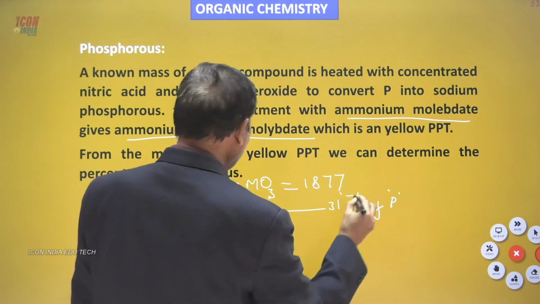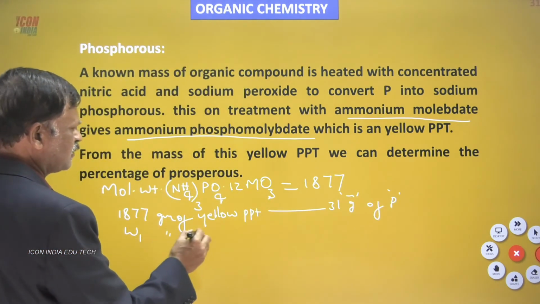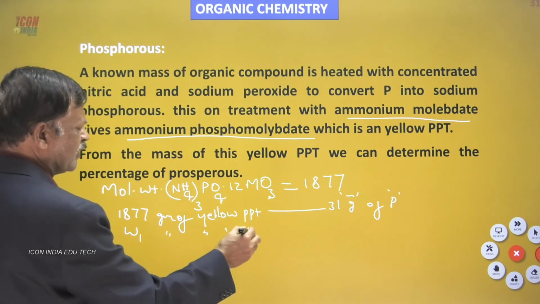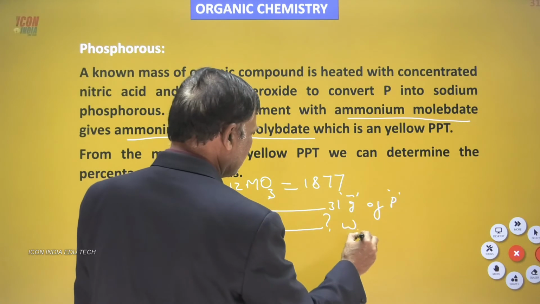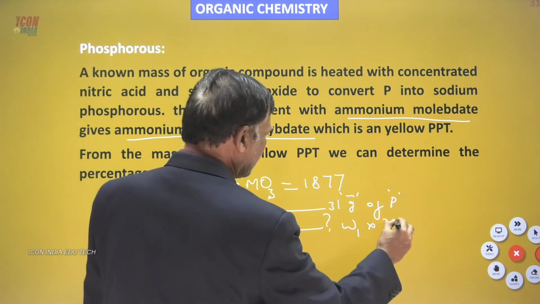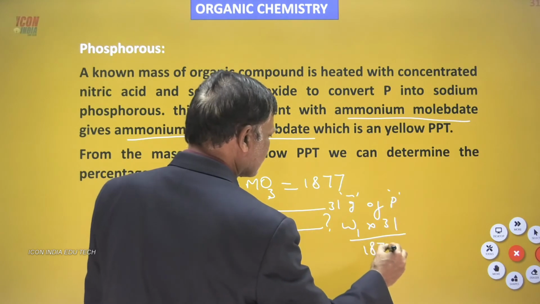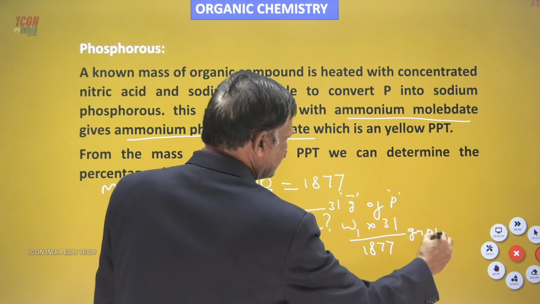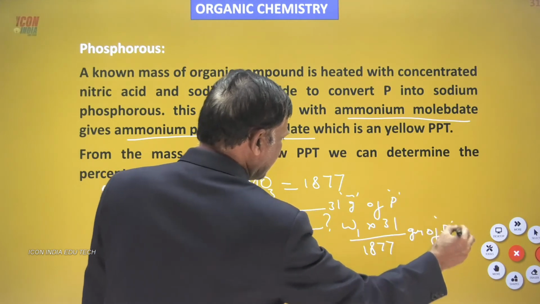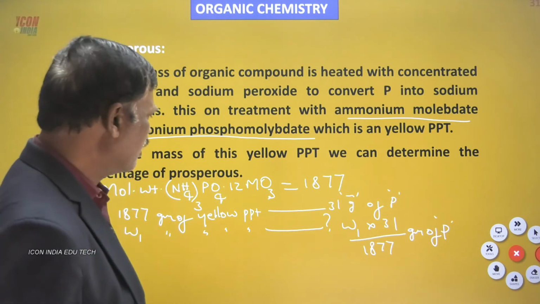In the experiment, as usual, we may be getting W1 grams of that yellow precipitate that contains how much phosphorus? W1 into 31 by 1877 grams of phosphorus. This much phosphorus is present in the given W grams of organic compound.